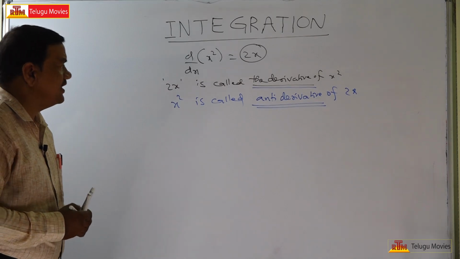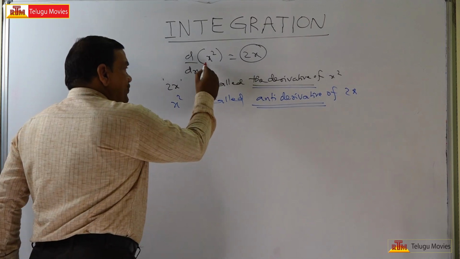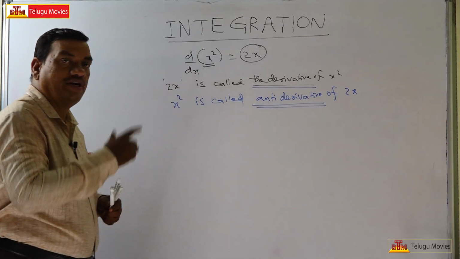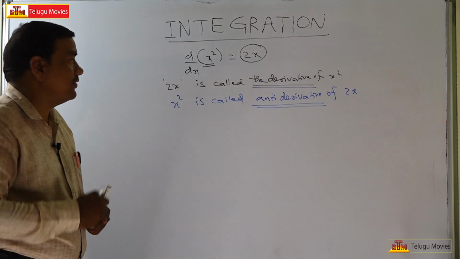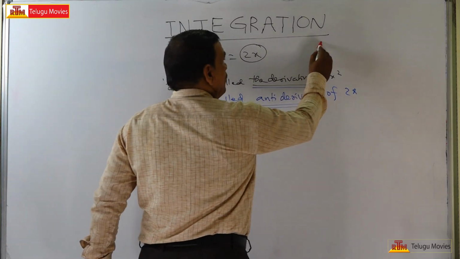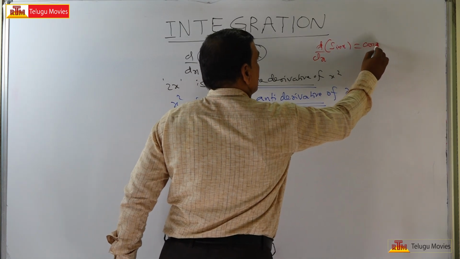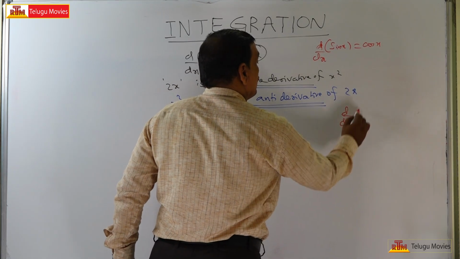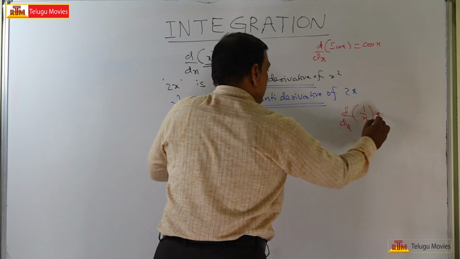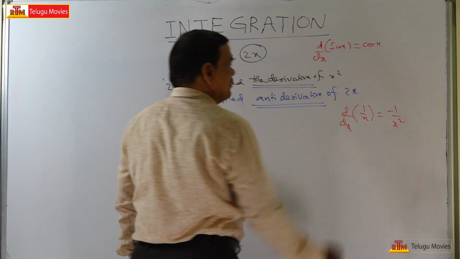Now the question is, if you know the function, we know its derivative. If I know d by dx of sin x, you say cos x. What is d by dx of 1 by x? This is minus 1 by x square, you are saying.